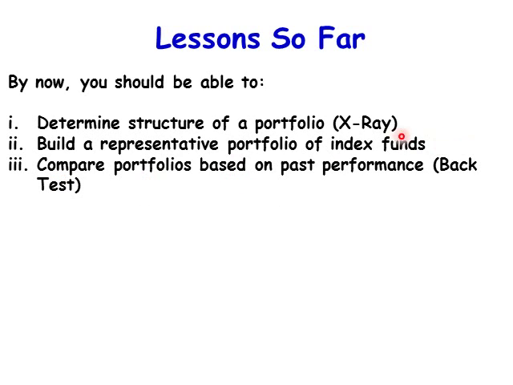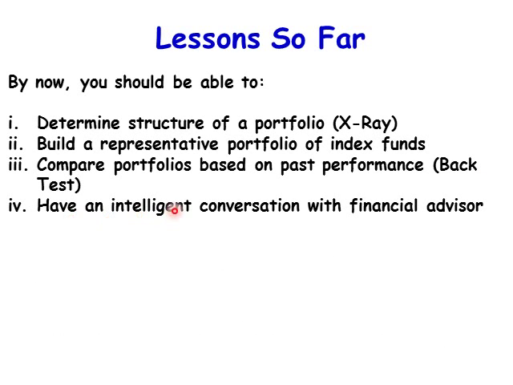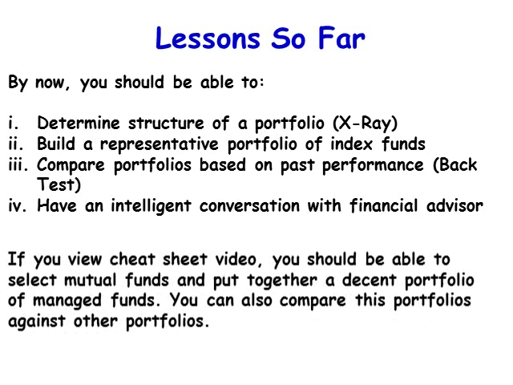Then you can compare this. How does the portfolio you already have compare to the representative passive portfolio? The tool for that is the backtesting tool I have been talking about. With that information, risk, returns and standard deviations, you can have an intelligent conversation with a financial advisor, if you have one.